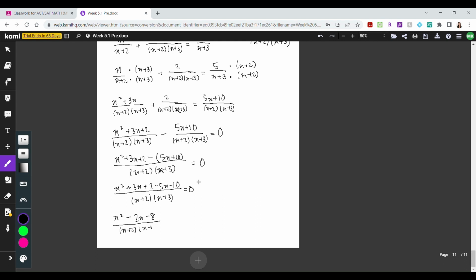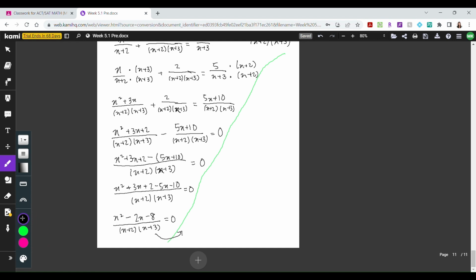Now the next thing I'm going to do is factor my top and see what it will give me, because I might be able to simplify. Let's draw a line so we have space to do the rest on top there.